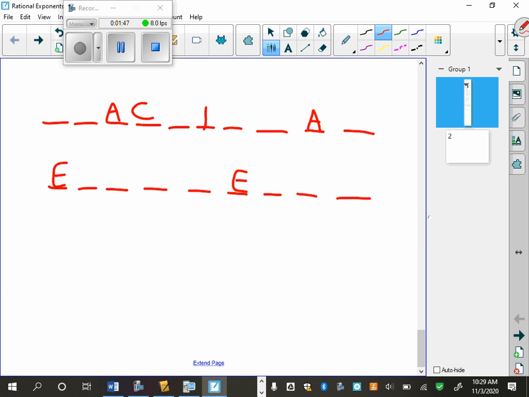R. That's it. Yes, a letter. T. That's right. D. Nope. F. Rational Exponents. That's the one.